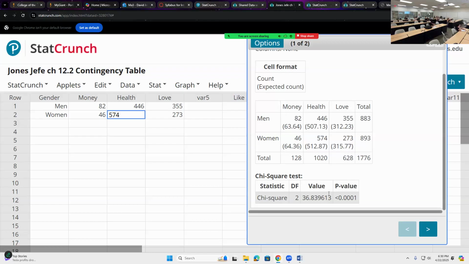I'm gonna write that down real quick, but I want to show you the other options. So this is the money, health, love problem, and step 3 is StatCrunch. I've got a chi-square test value of 36.8, and the p-value is super low, less than 0.0001.